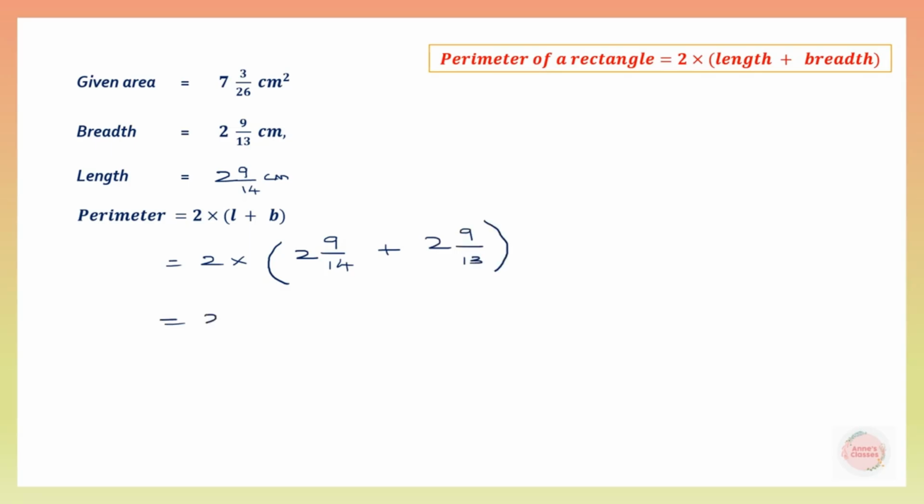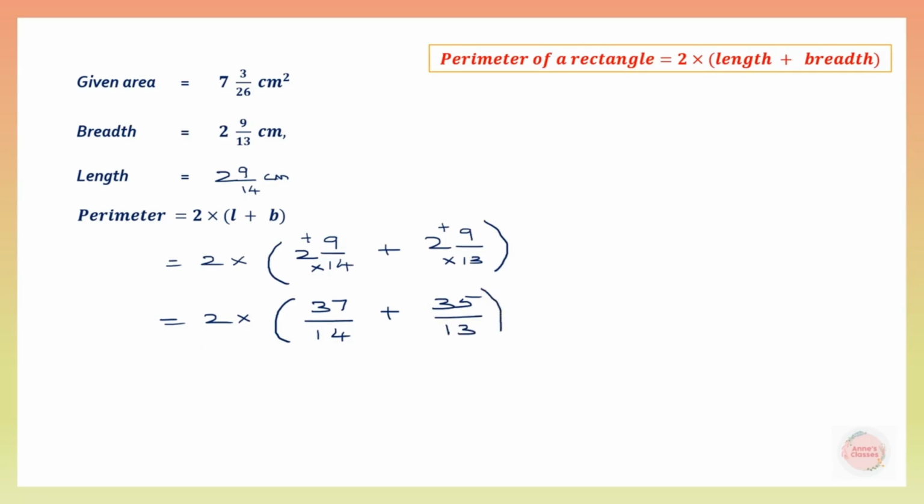Okay, so now we need to work this out. So this will be 2 into. Now let's multiply. 14 twos are 28. 28 plus 9 is 37. So 37 by 14 plus 13 into 2 is 26. 26 plus 9 is 35. 35 by 13.